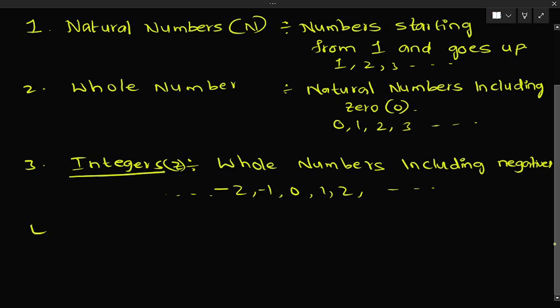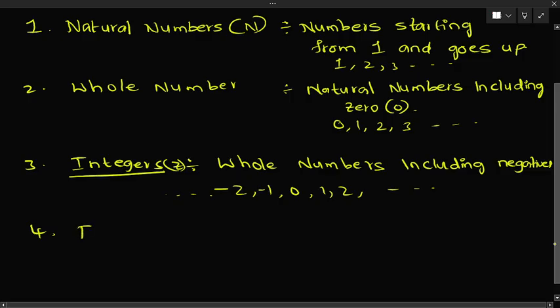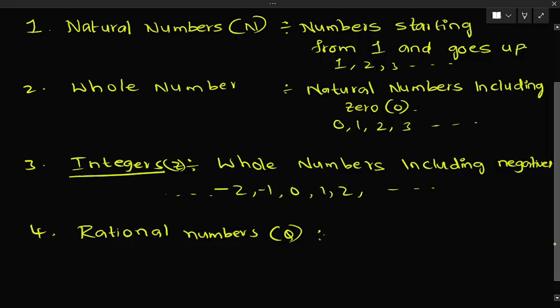Next, the fourth one is rational numbers, denoted by the letter Q. Rational numbers are the numbers that can be written in the form of p by q.